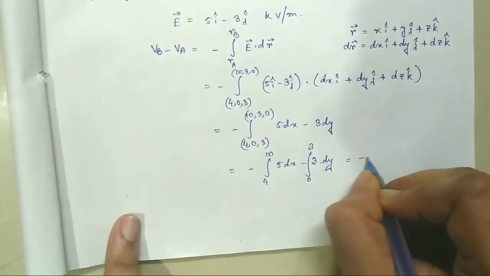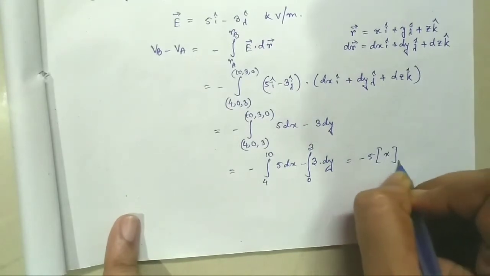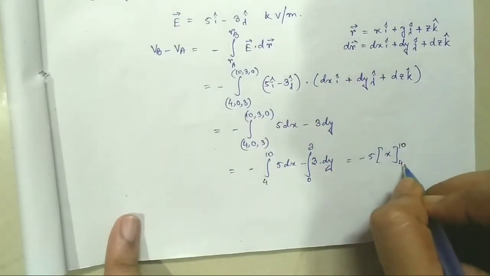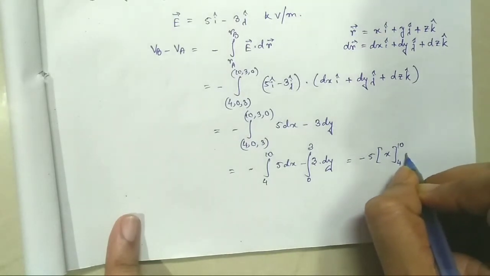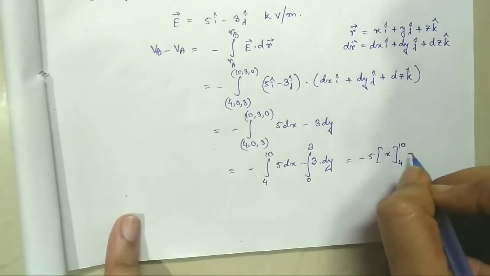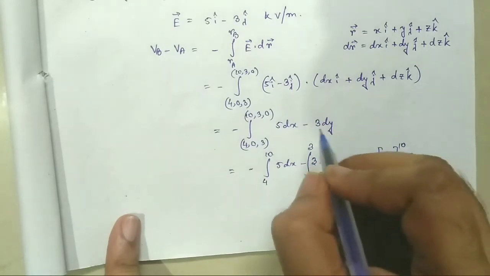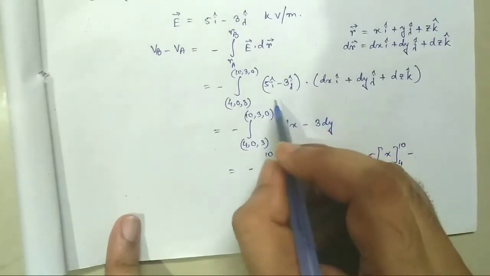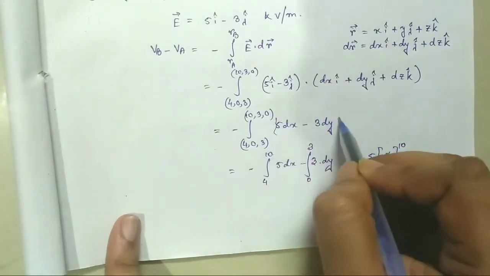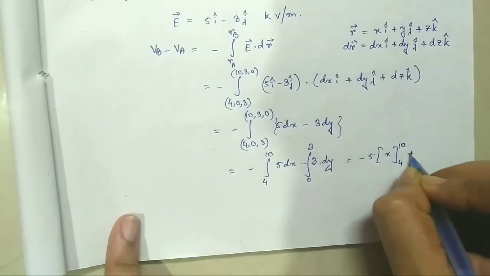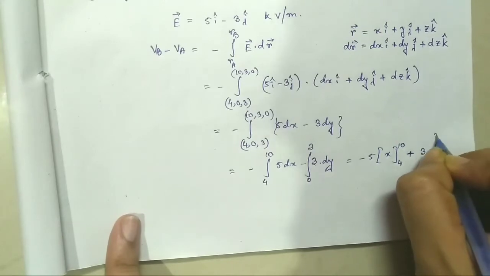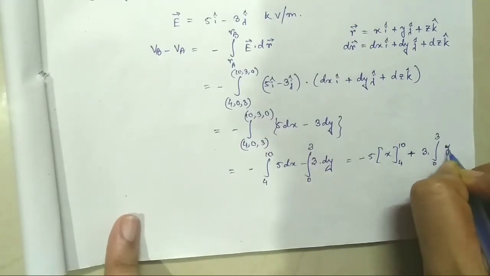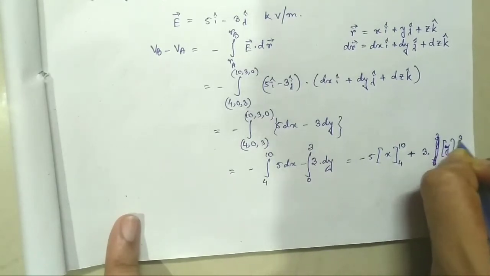So it will be minus 5 into x, the limit 4 to 10, and this is plus, so positive plus 3 into y, 0 to 3.